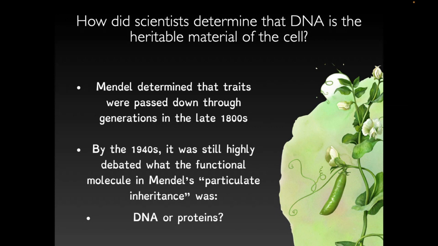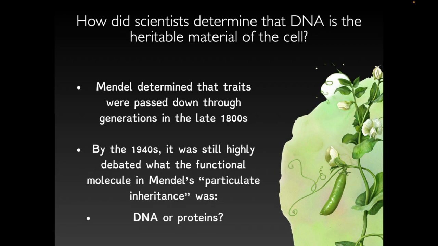We've all heard of Mendel and how he grew peas and looked at their color, their height, the shape of the pea pod, and managed to figure out which of these alleles were dominant and which were recessive. But before that, people didn't know very much about genetics. And even after that, it wasn't proven definitively that there was a physical molecule that was being passed down through generations that was communicating this information.